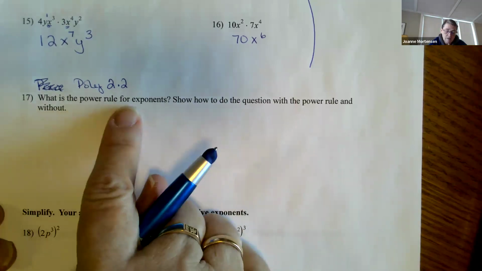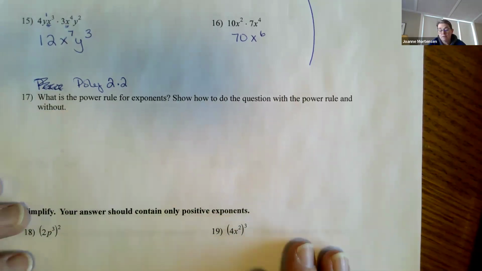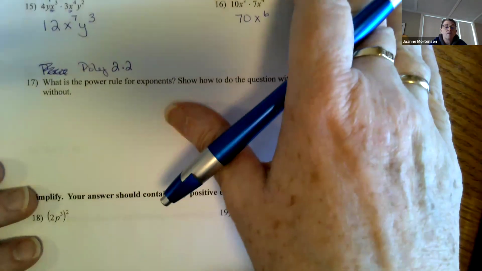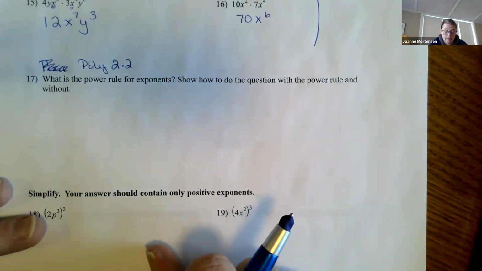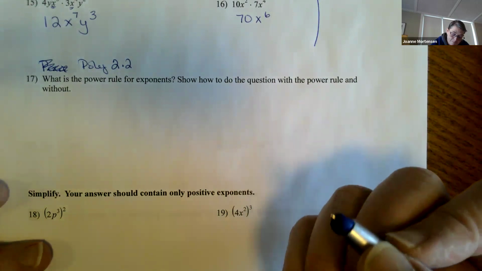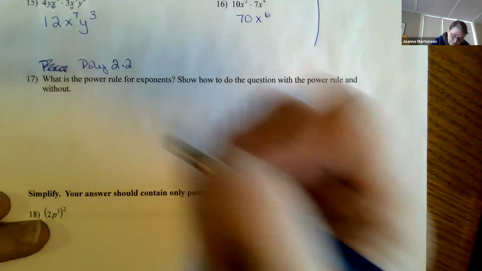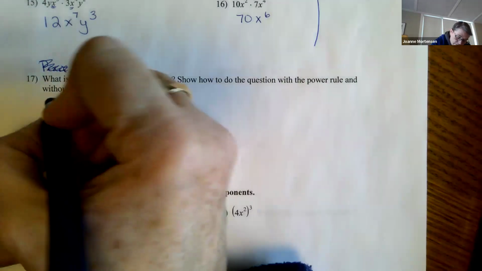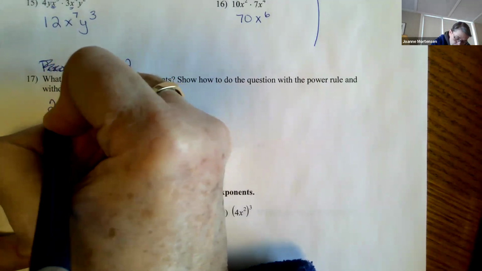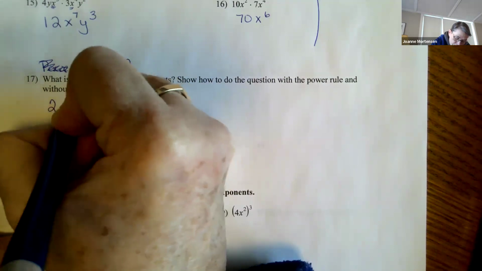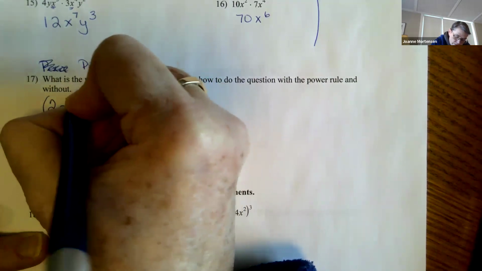So the biggest thing with the power rule, and where students get messed up, is knowing what it looks like. A power rule looks like this: 2p^3, then a bracket and an exponent of 4.